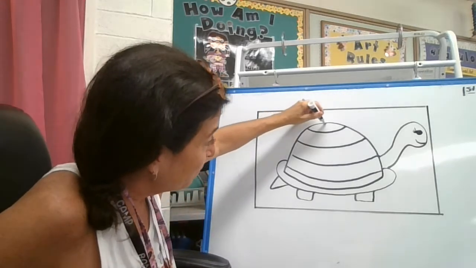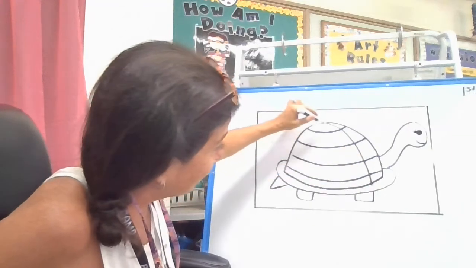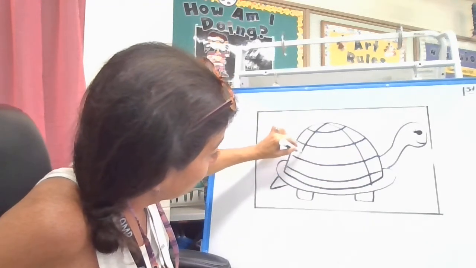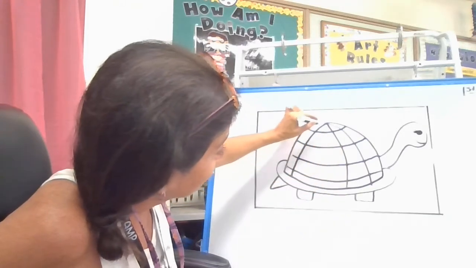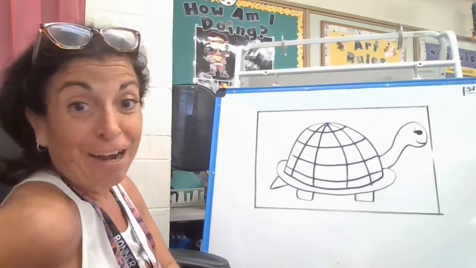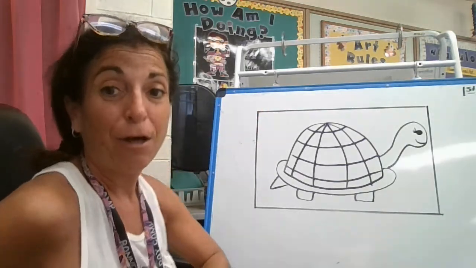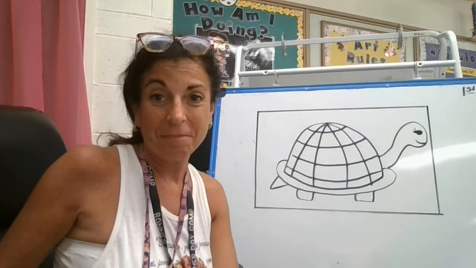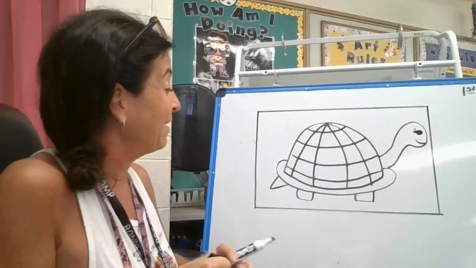Now we're going to start from here and we're going to make some vertical curved lines. Vertical curved lines. And our turtle looks fantastic. Hold yours up to show me. That's great.